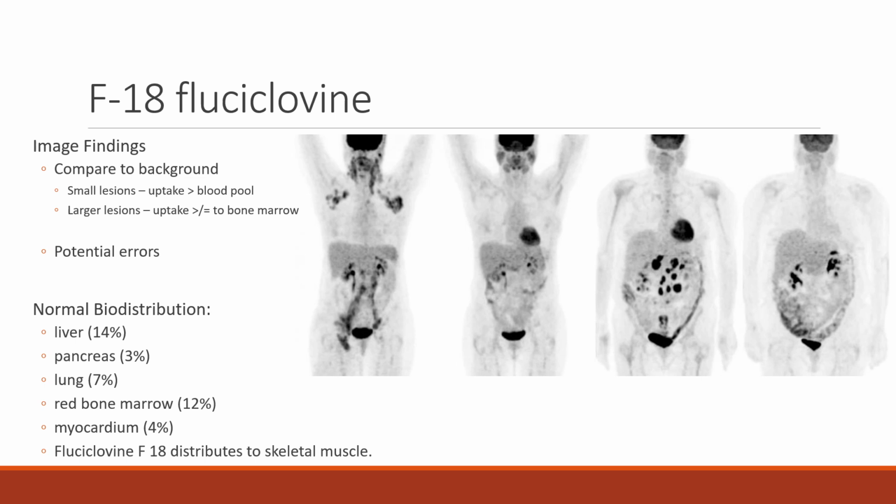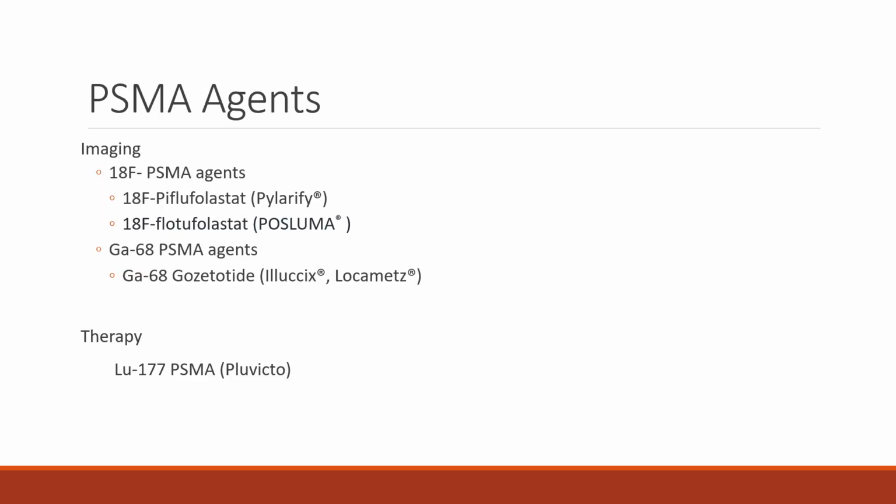But the performance of Axumin seems to be affected by the PSA levels, and that's why when the patient's PSA levels start to rise, that's when you should do the fluciclovine. When their PSA levels are high, the fluciclovine scan becomes more accurate. So you got to do it at the right time.